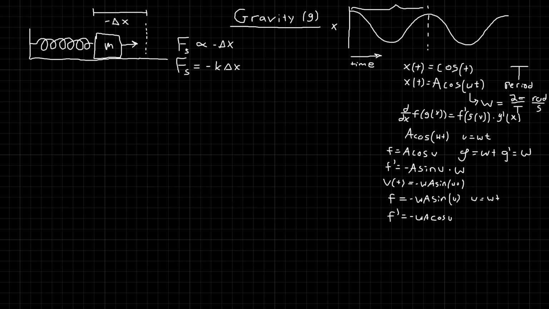And then we're still going to have to multiply this by the derivative of g, where g is equal to wt. So that means that the derivative of g is still equal to w. So multiplying this, we get our acceleration with respect to time is equal to negative w squared, because we multiplied by that w again, a cosine, and then we'll replace the u with wt.